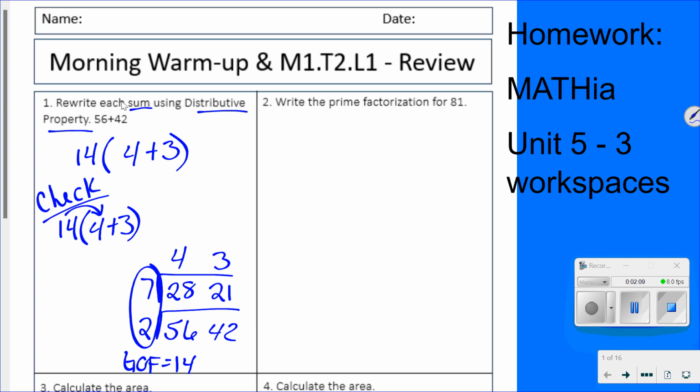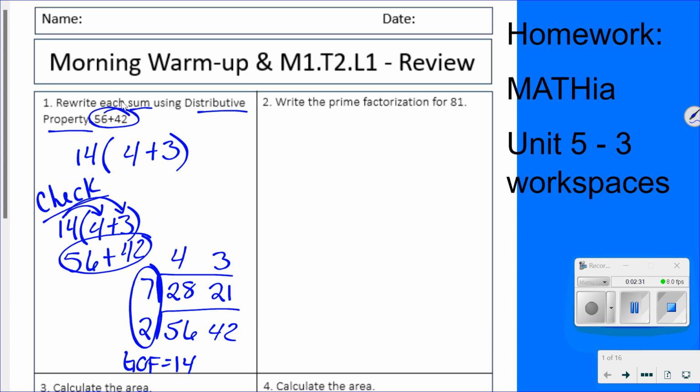It's 56, yes. And 14 times 3 is what? 42. Do we have the same answer here as up here in our original problem? Yes. Then it checks out. Then 14, parentheses 4 plus 3, and parentheses is our answer. Okay?